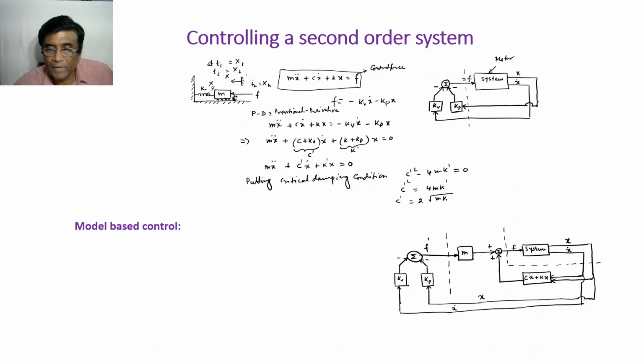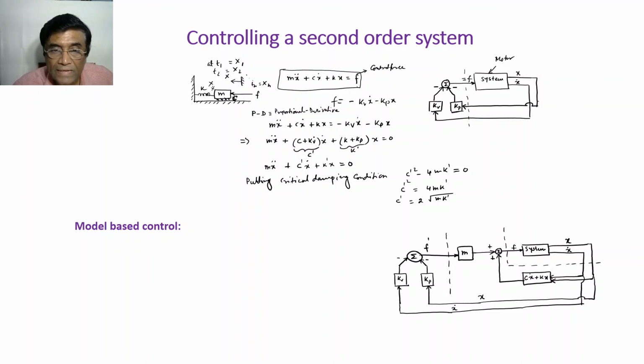and C prime square equal to 4 M K prime, and C prime equals 2 root over of M K prime. Now, if I design Kv, so what is Kv? I cannot do anything with C because the system is given. I can only manipulate Kv because that is the controller design I am doing. Okay, gain parameter.